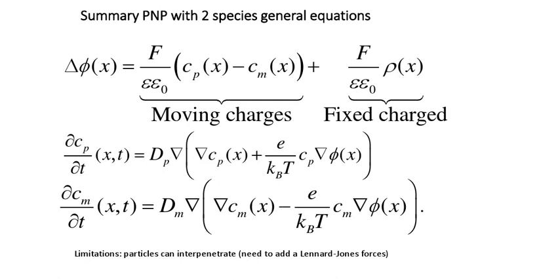So to summarize, we have two species, then we have the Poisson equations to calculate the field for the moving charge plus possibly some fixed charge with a certain density rho. And then we need to solve the two Fokker-Planck equations for the positive charge here and for the negative charge, where we have a diffusion term in both equations and the drift term due to the generated electric field.